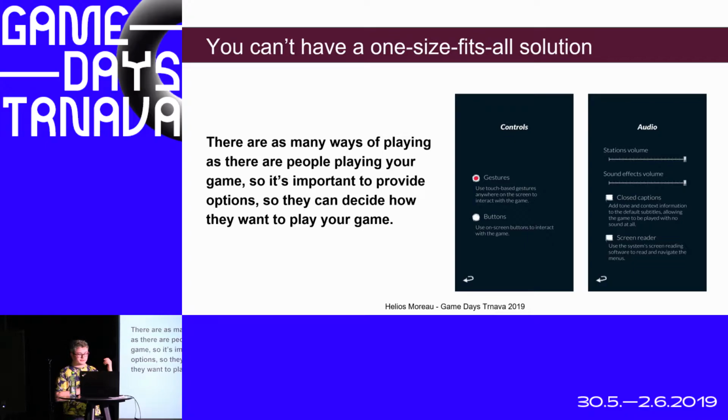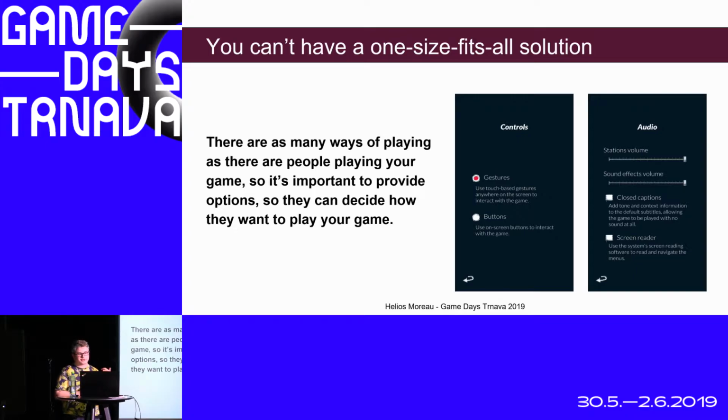So as you can see, there are a few examples. You can decide to play with gestures or with buttons on the mobile version. On the PC version, the controls are fully remappable. You can remap your controls fully if you want, and play with a keyboard or with a controller.